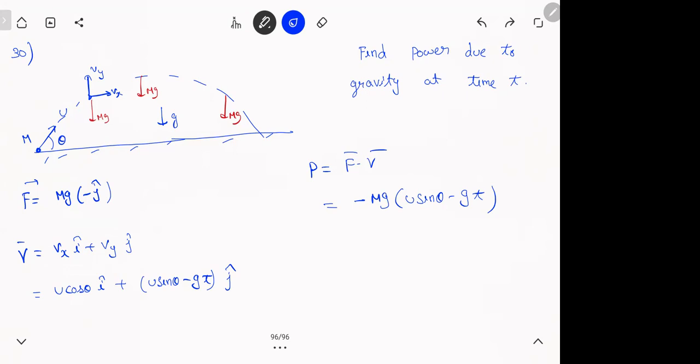So if you see, the question is easy. There's nothing much about the power, but we should know this velocity profile. If you forgot that, then you can't solve. Make sense? Easy.